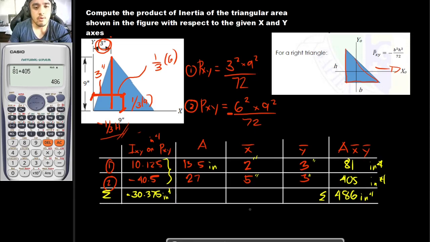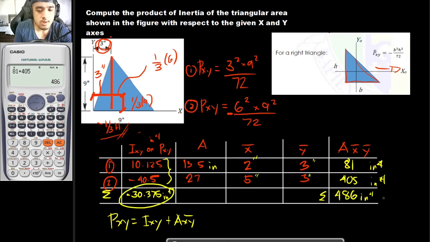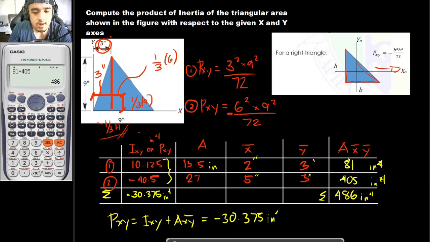Okay, so now since our formula is equal to Ixy or Pxy, whichever the case may be, plus our transfer formula, it would be these ones respectively. So with that, this is equal to negative 30.375 inches raised to 4 plus 486 inches raised to 4.